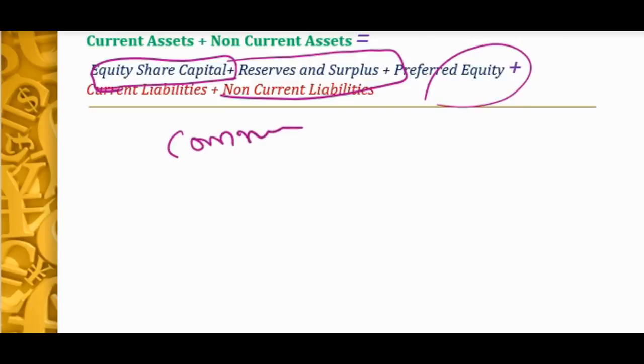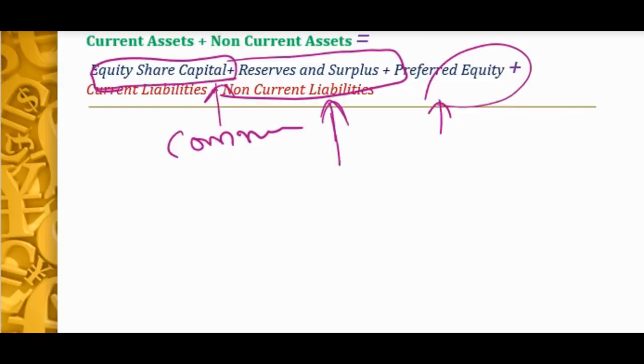This is money given by the self. You have invested some money, and that is equity share capital. And what are reserves and surplus? At the end of the year, through the income statement, you get some profit after paying tax. That comes under reserves and surplus. Sometimes this is also called retained earnings in the US.